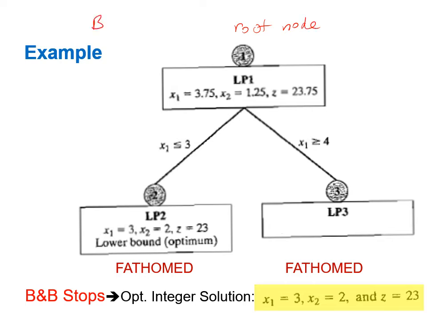This shape is called a branch and bound tree because it looks like a tree. Actually, in a real tree the branching goes towards the top, but here it's an upside down tree. The root is at the top.